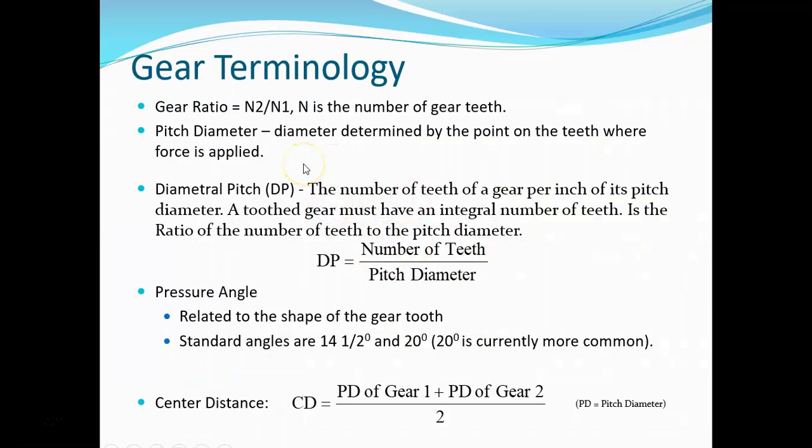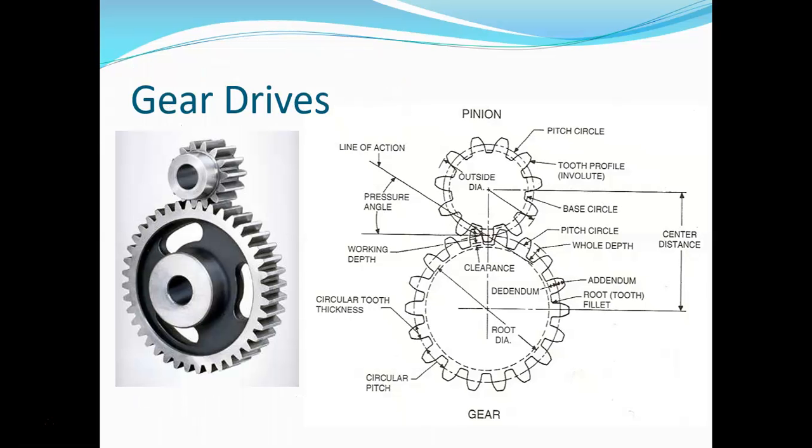All right, some gear terminology. Gear ratio: the best way I can describe that in this video using words is how many times your smaller gear will have to turn in relation to your larger gear. So let's go back to the previous slide and talk about that. I've not counted the number of teeth on these gears, so I'm just going to throw out some numbers. This smaller gear on top, we'll say it has 25 teeth.